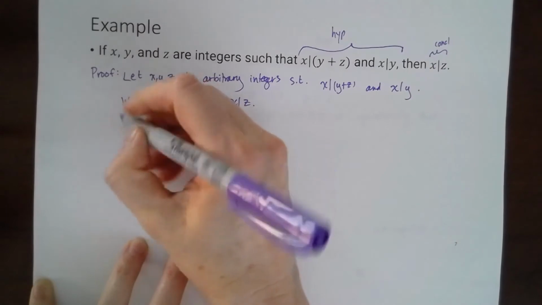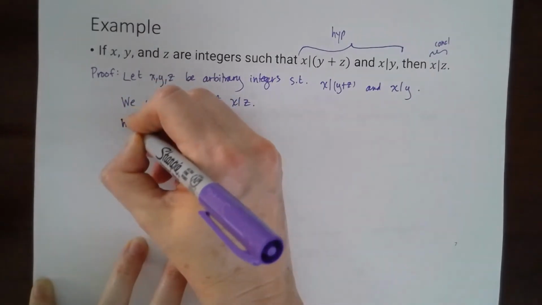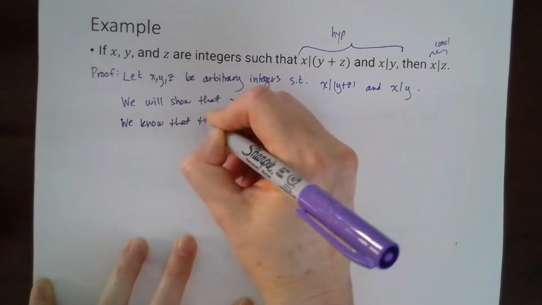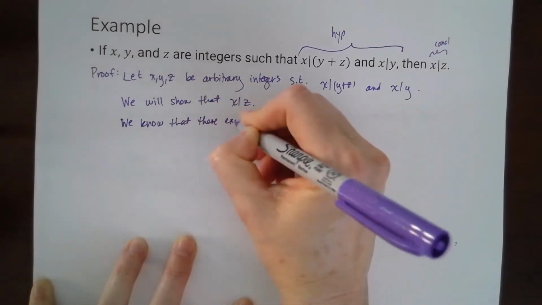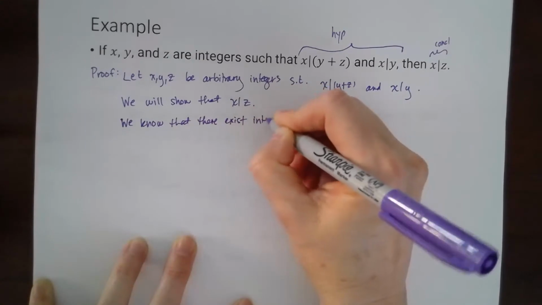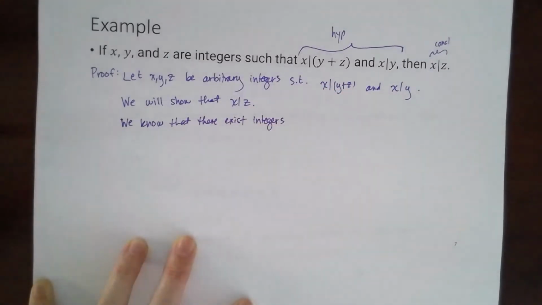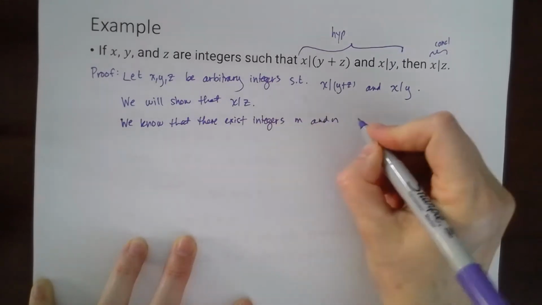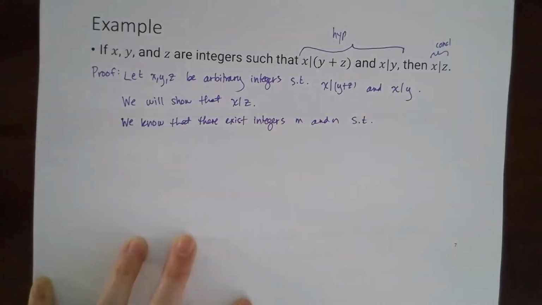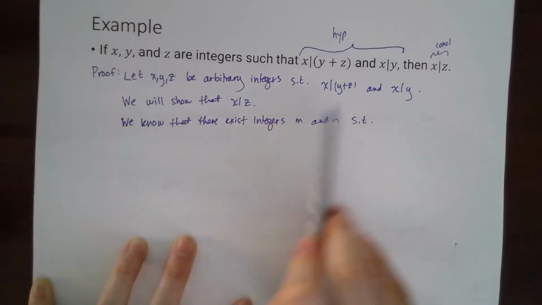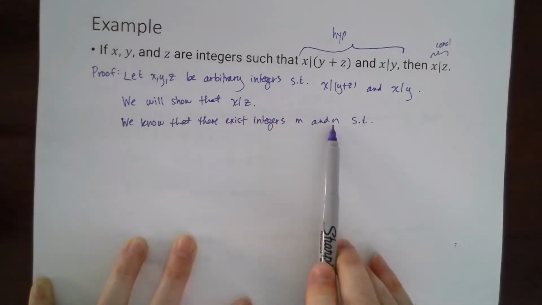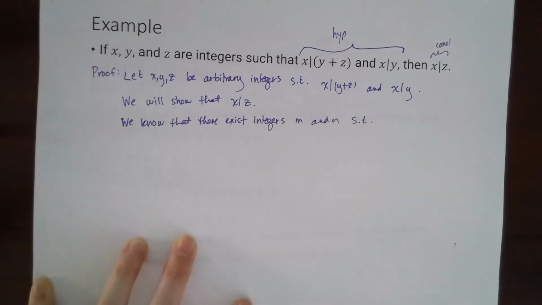So we know that there exist integers, let's call them m and n, such that we'll use m for the definition that x divides y plus z, and we'll use n for the definition that x divides y.